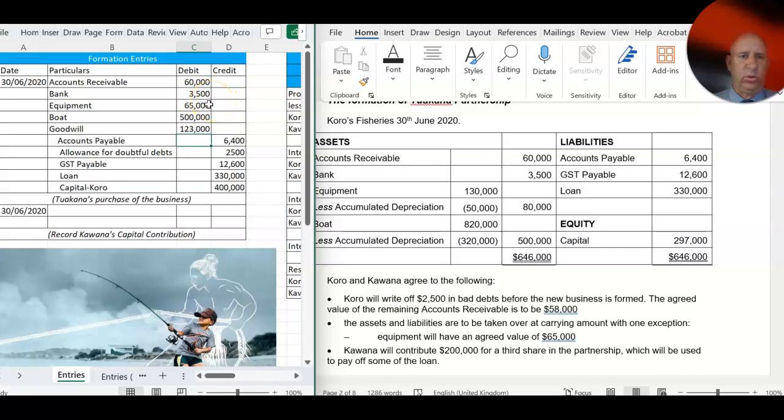Okay. And then we'll bring in Kawana's contribution. Kawana's paying money, so he's putting bank in. And capital goes to Kawana.